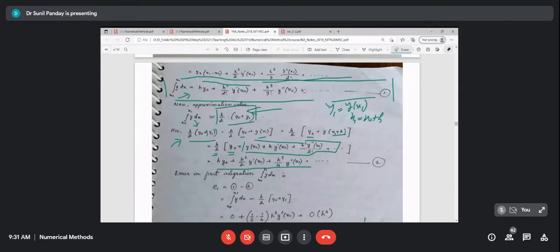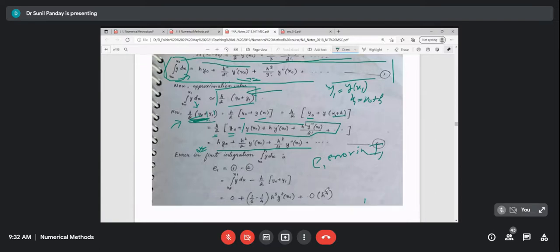So if we subtract equation 1 from equation 2, I will get the error in the first sub-integral. Here E1 represents the error in I1. We subtract because one value comes from exact integration, and the second is the numerical approximation.